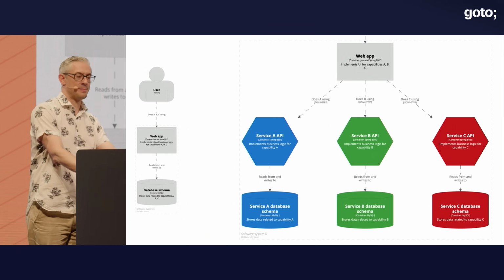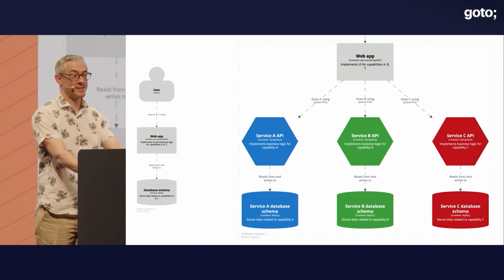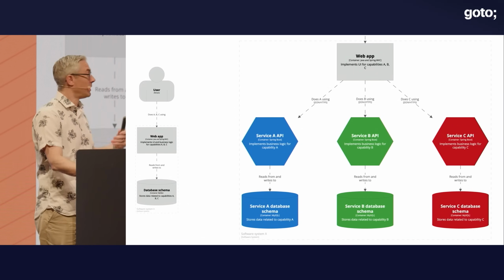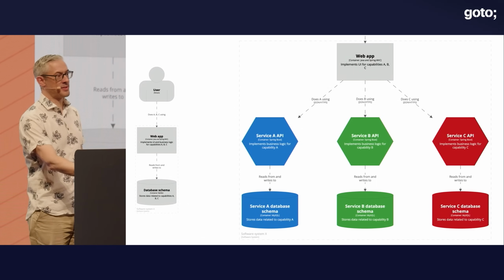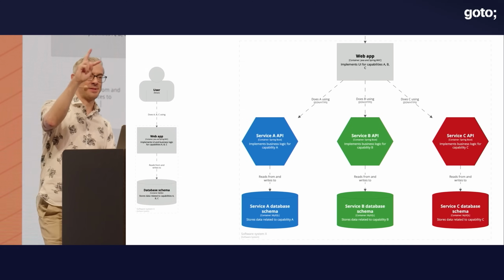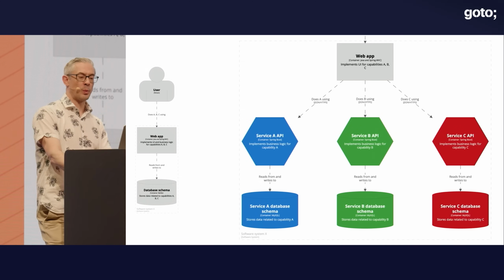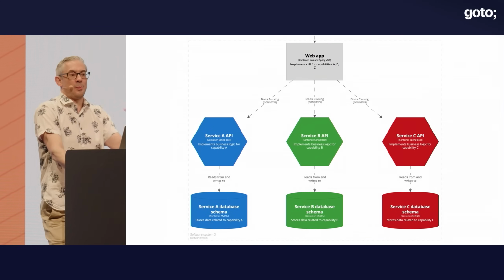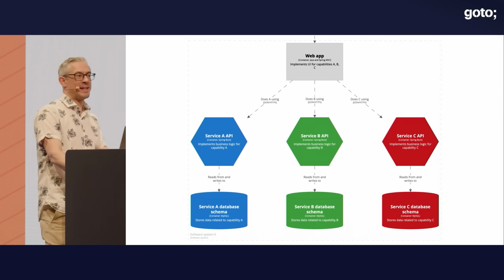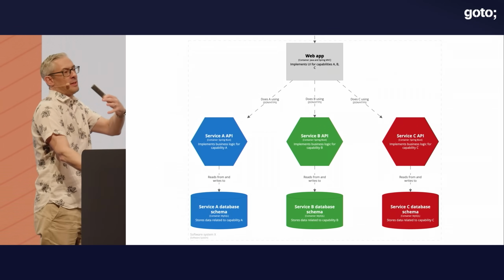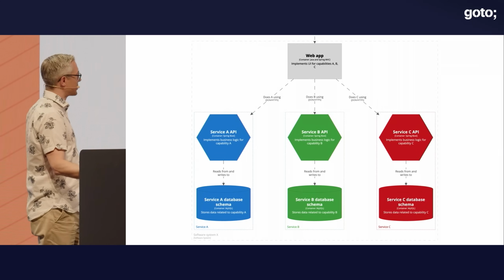Each service is made up of an API thing and a database schema. I've used color coding, so you can very clearly see there are three services. Each service is a pair of elements. If you want to more explicitly say what the service boundaries are, again, think about using organizational constructs.